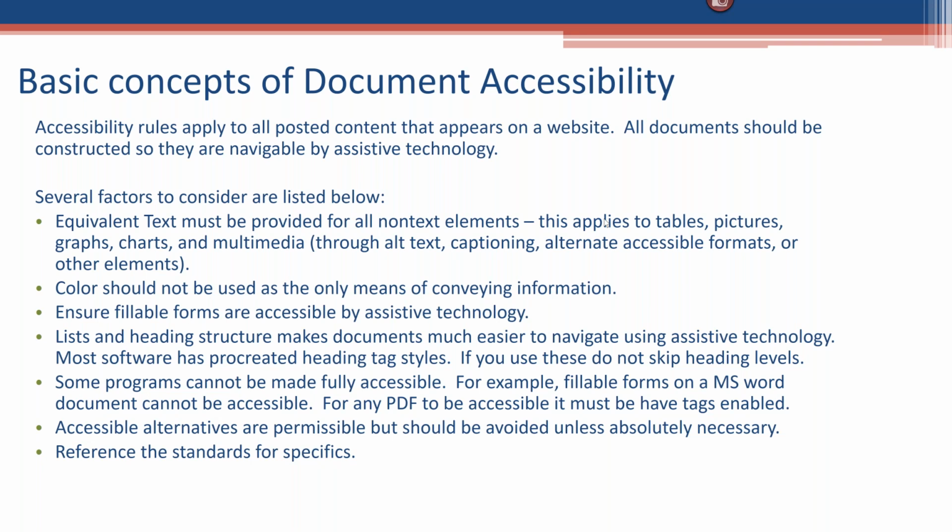Another factor would be color. So color should not be used as the only means of conveying information. This is really common when, say, worksheets are put up online to be downloaded, that sometimes color indicators are used to show something that is not like another grouping. That is not allowable.